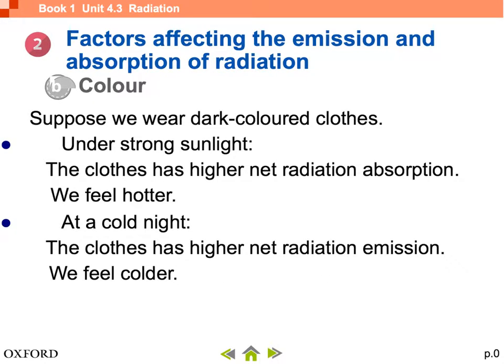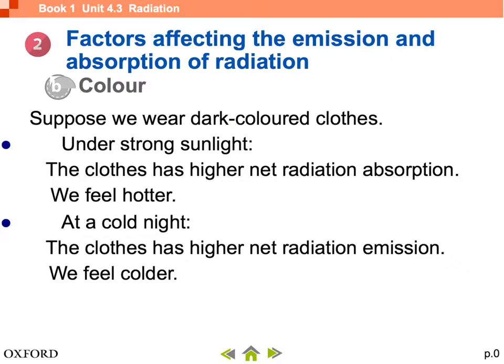That's why when we wear dark colored t-shirts or dark colored clothes, we will feel hotter than others who wear white t-shirts. The reason is under strong sunlight or in the daytime, the dark colored surfaces will allow a larger net absorption of radiations than for people who wear white t-shirts.